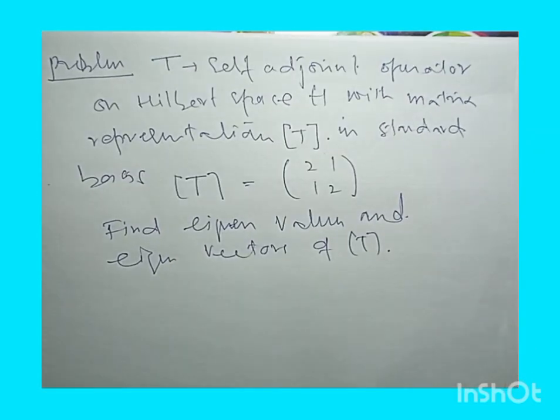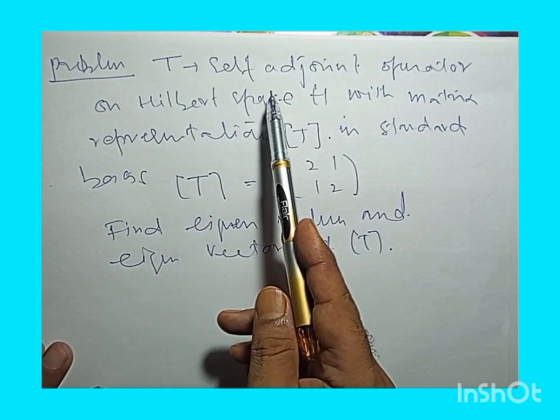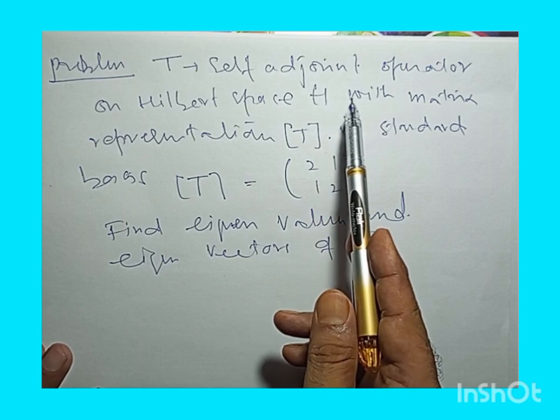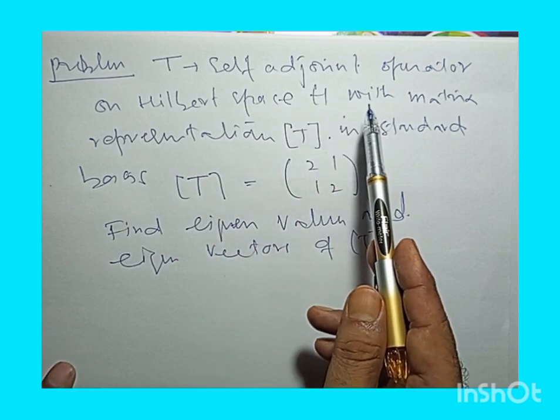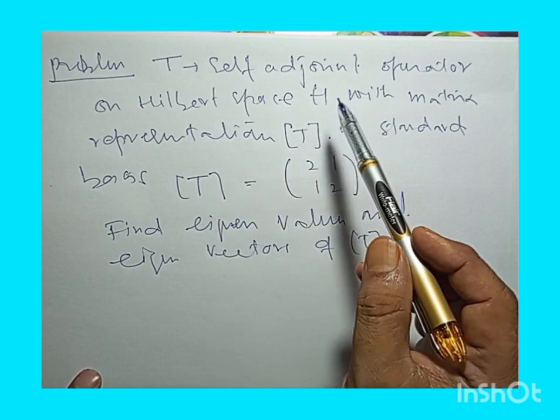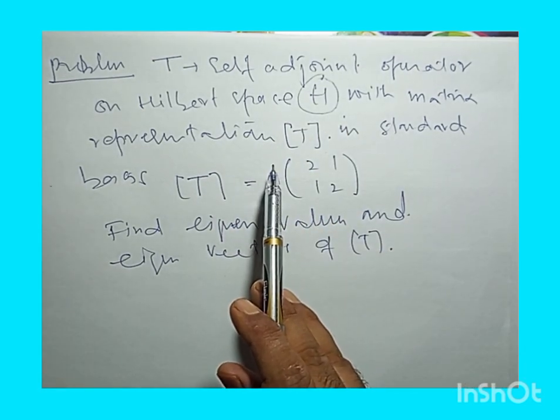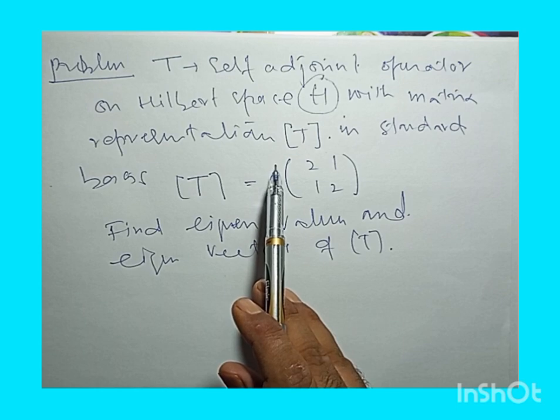Let's have this problem where we will take the matrix formulation. T is a linear operator. Let me assume this T is a self-adjoint operator on a Hilbert space H. This H is the representative of Hilbert space; we should not confuse it with H as Hamiltonian.